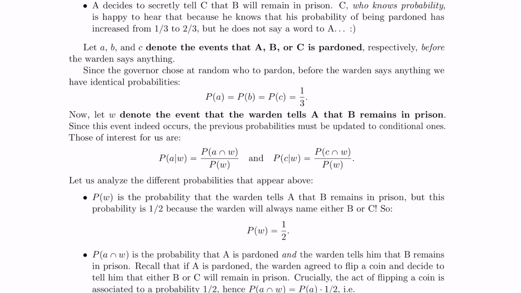However, prisoner C, who knows probability, is very happy to hear that, because now he knows that his probability of being pardoned has increased from 1/3 to 2/3.